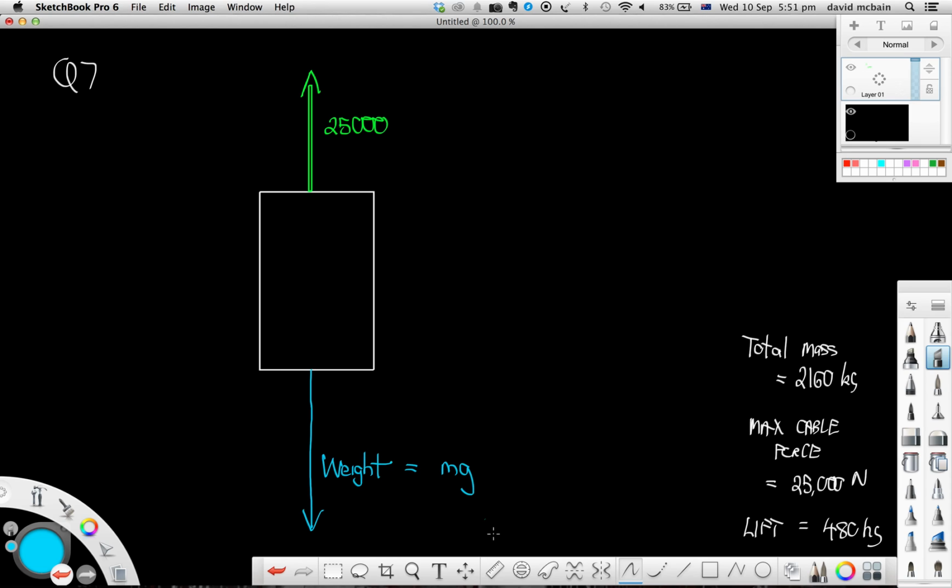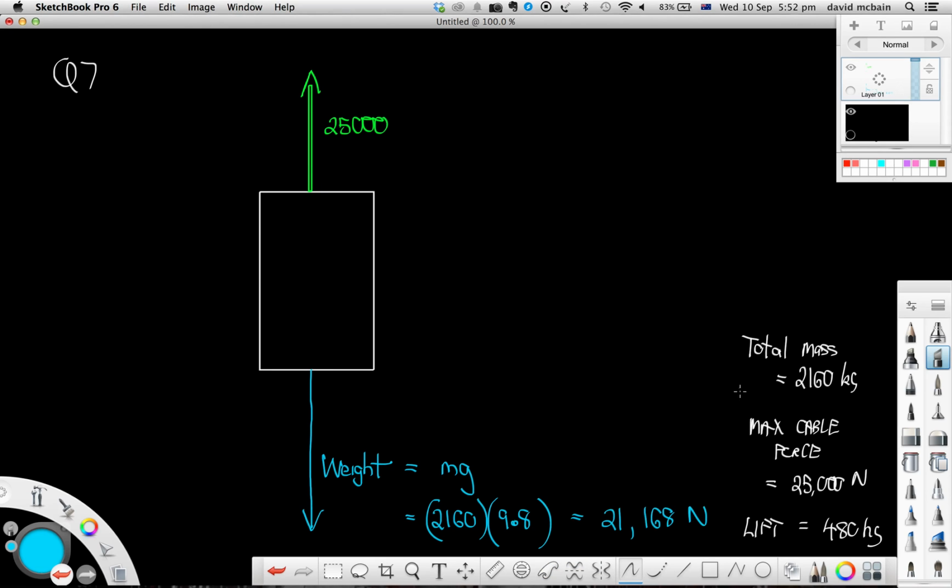Now going with g equals 9.8 because the rest of the problems are consistent with that. So it's going to be the total mass of our whole object, 2160, the mass of our elevator, multiplied by 9.8. So that equals 21,168 newtons.